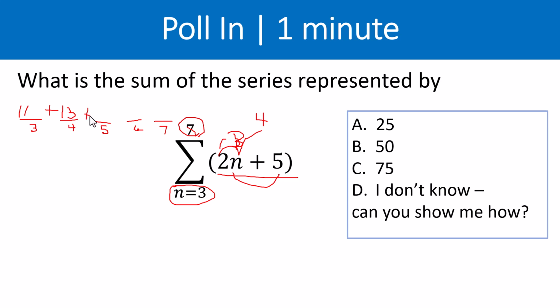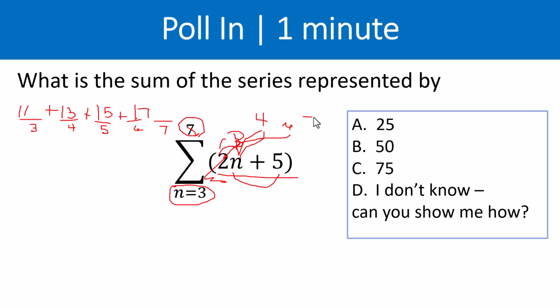For the next term, we're going to take 5 and put it in here. 5 times 2 is 10, plus 5 is 15. We're going to continue with the 6. 6 times 2 is 12, plus 5 is 17.